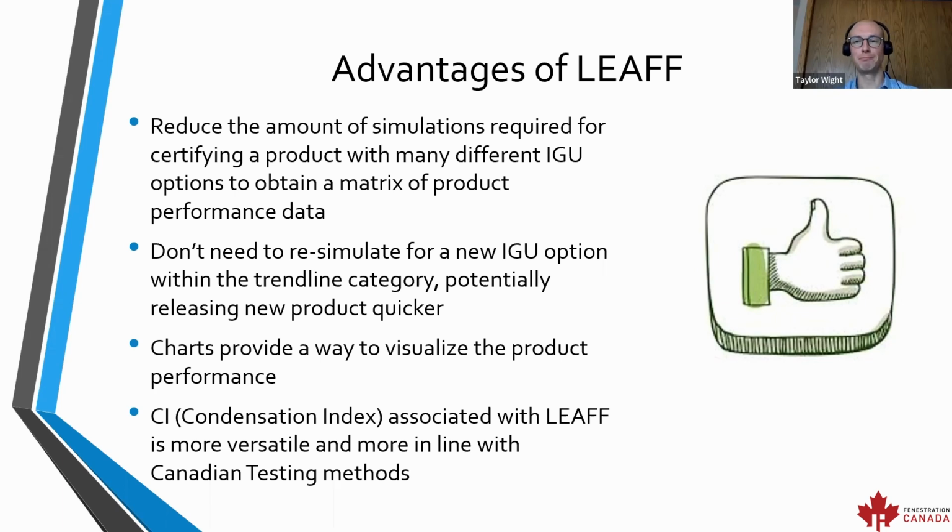Okay, nothing online yet. Taylor, you mentioned something about labeling potentially not being the same as what we do today. Can you elaborate on that? Maybe that came out wrong. I don't think you'll see a big difference on the label, because when you're putting a label on a product, it has a specific glass type in a specific frame.